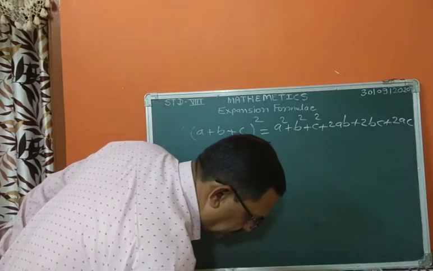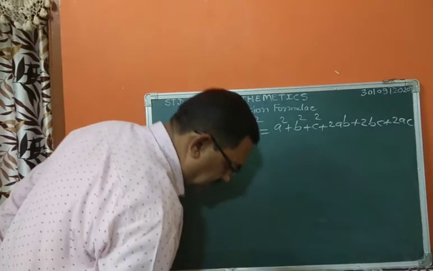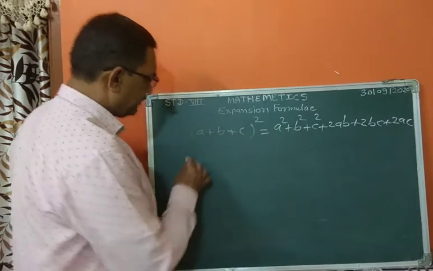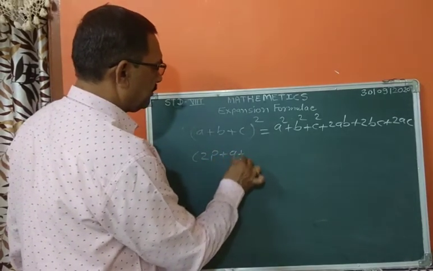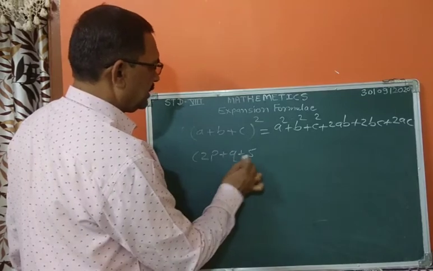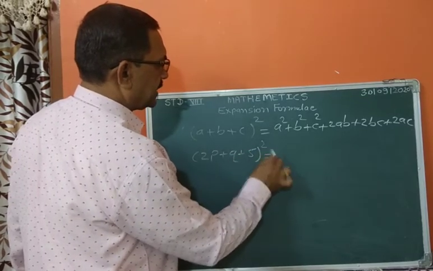Practice set 5.4. Then the example is (2p plus q plus 5)².